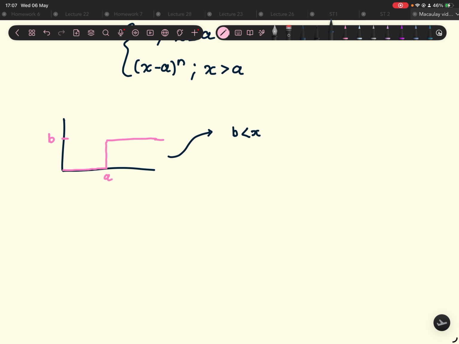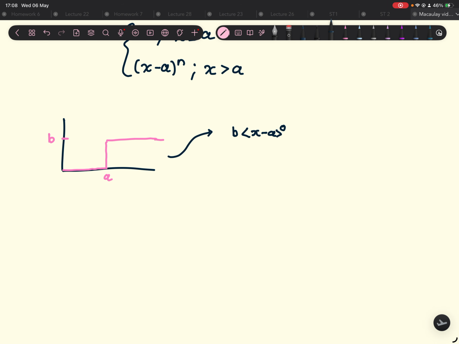So we're going to say x minus a, and a is the point where we want it to switch on. Then the power is going to indicate how the function looks.